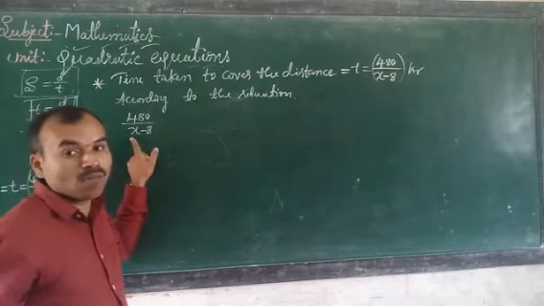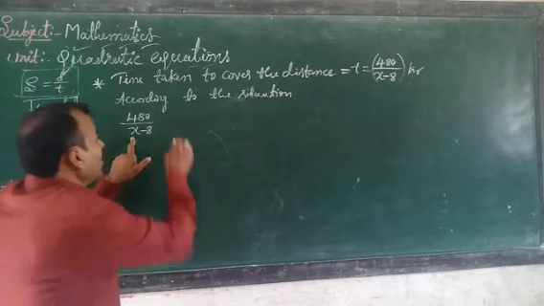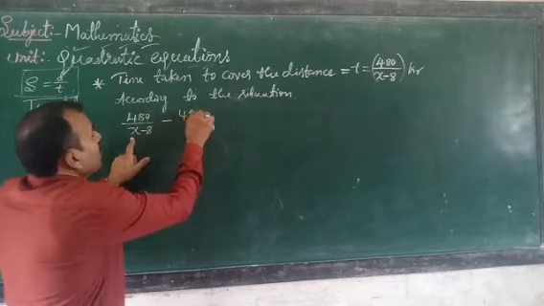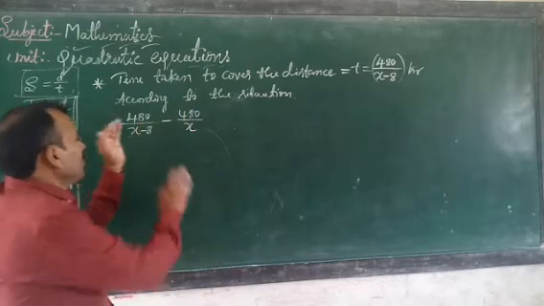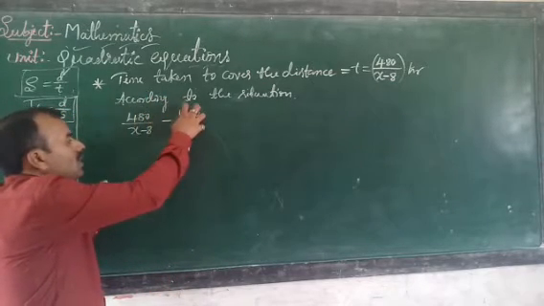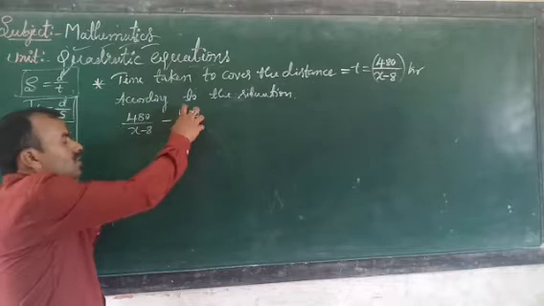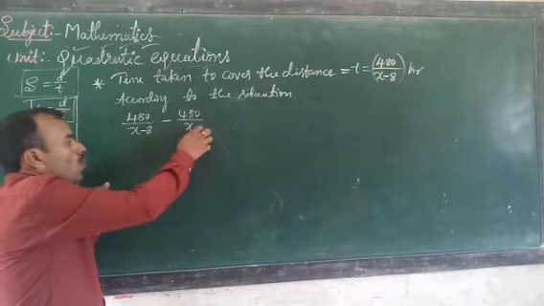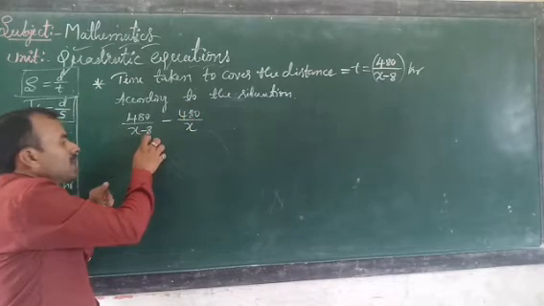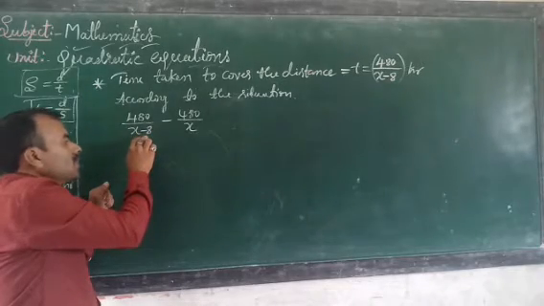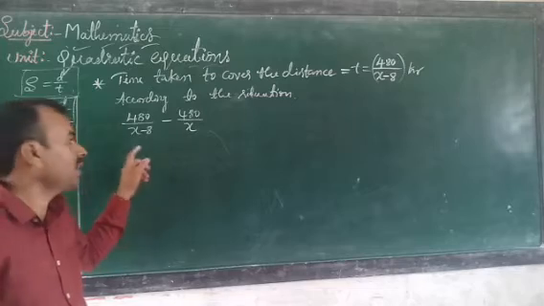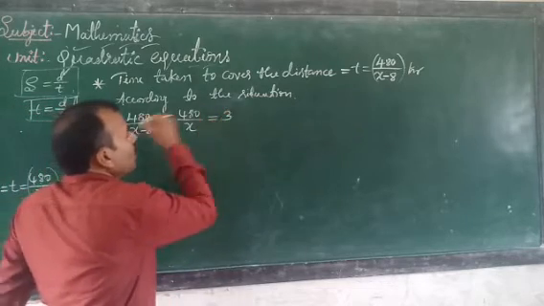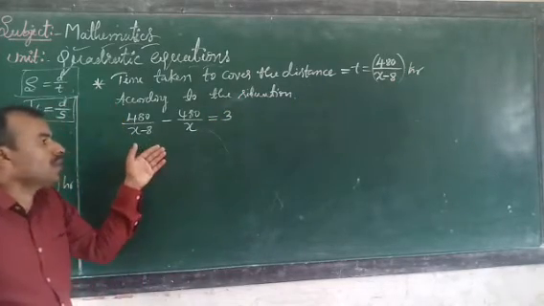It is more time when compared to 480 by x. This is also a time. This is greater than this time, because here the speed is less, x minus 8. This is the less speed, so it is more time. So it is equal to 3. Now we have to simplify.